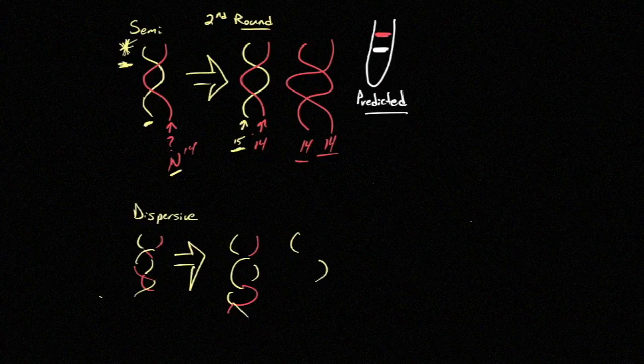So that's kind of what we'd expect to see. We have both. So how many bands would we expect to see in the density column? 3. Where everything's 50-50 here.